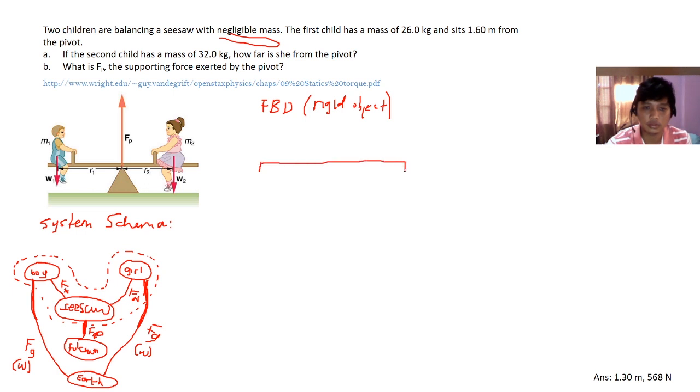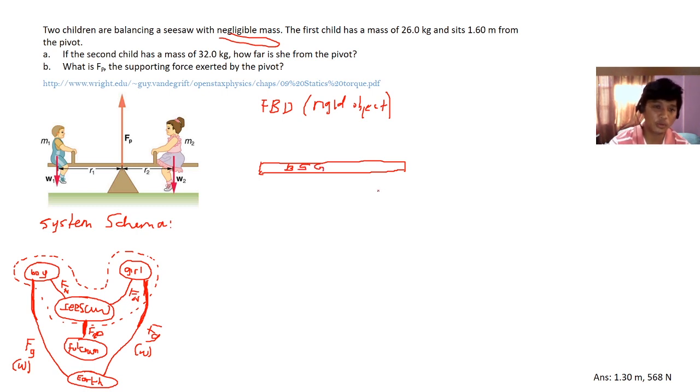So we need to make it an extended rigid object and not just a point, because the location of these forces matter. So this is our boy seesaw girl. Actually, we still simplified the boy seesaw girl into a kind of rectangular shape. And this is our boy seesaw girl BSG system.